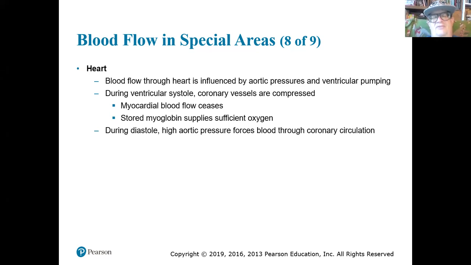But when the ventricles relax, there are no kinks in those coronary arteries, and the aorta, remember, when the blood went through during ventricular systole, the aorta stretches. Well, the ventricle is now trying to return to its normal size, and we have unkinked the coronary arteries that are right by the semilunar valve.